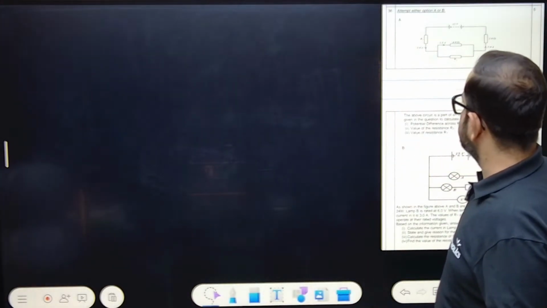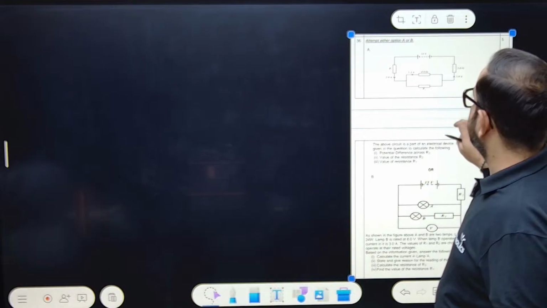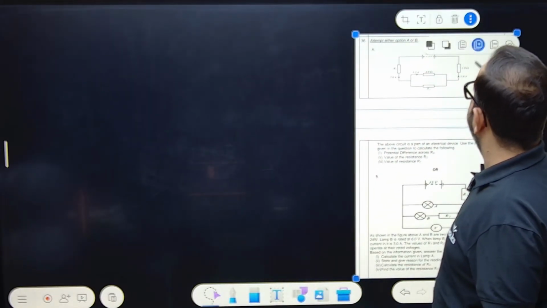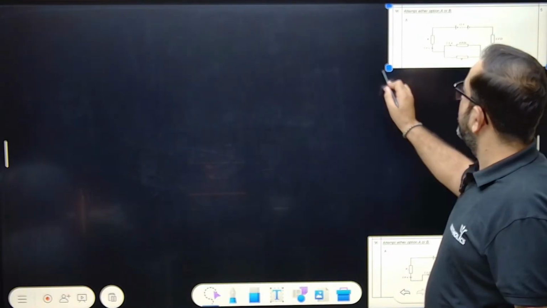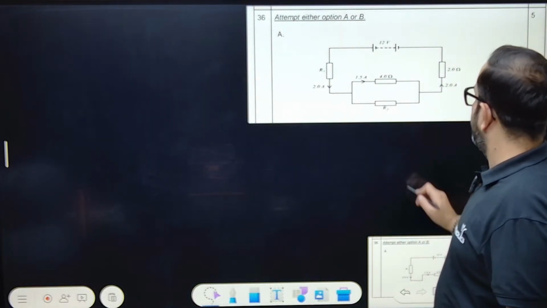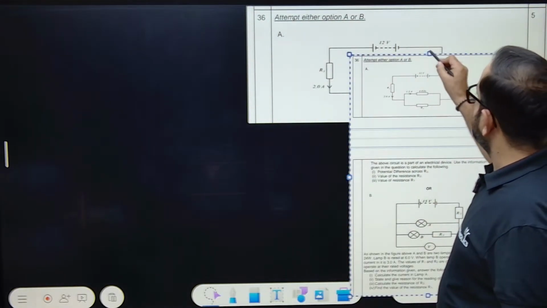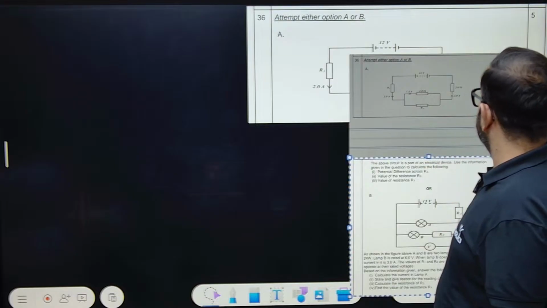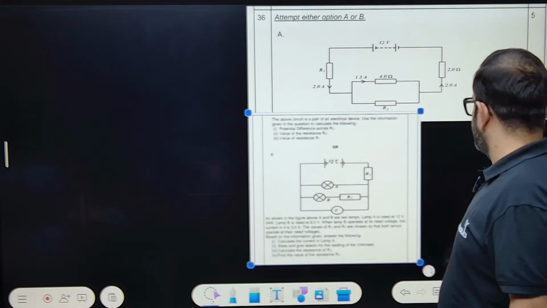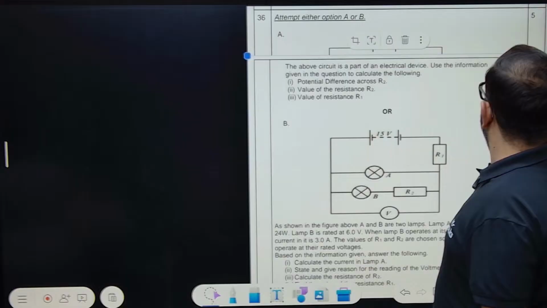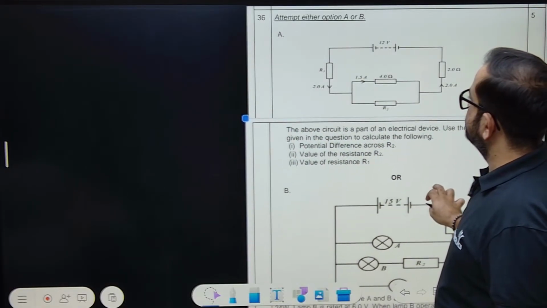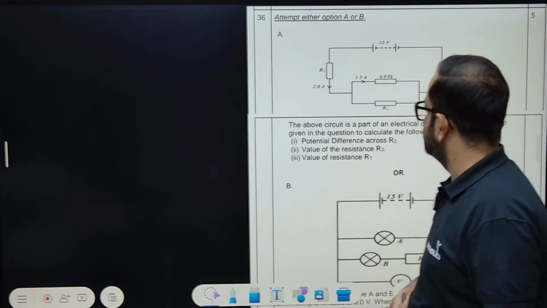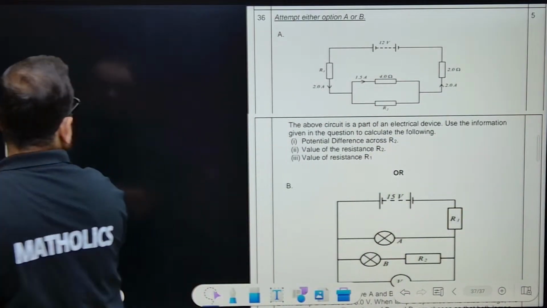Next question is from electricity. Solve the numerical. Question number 36.